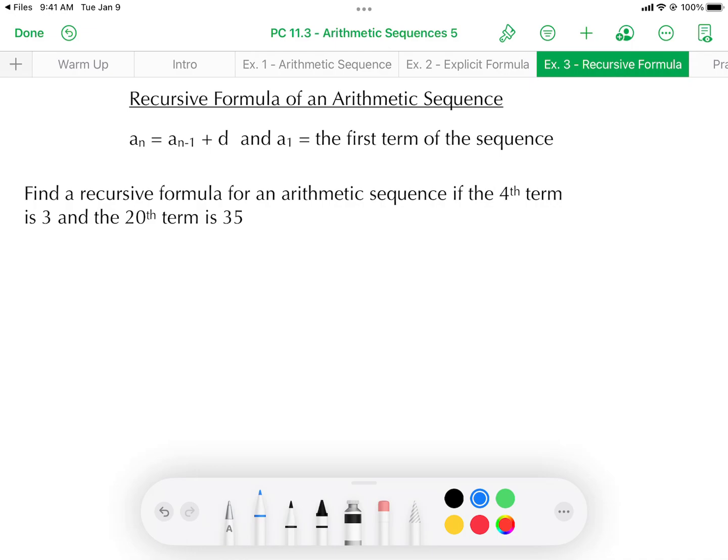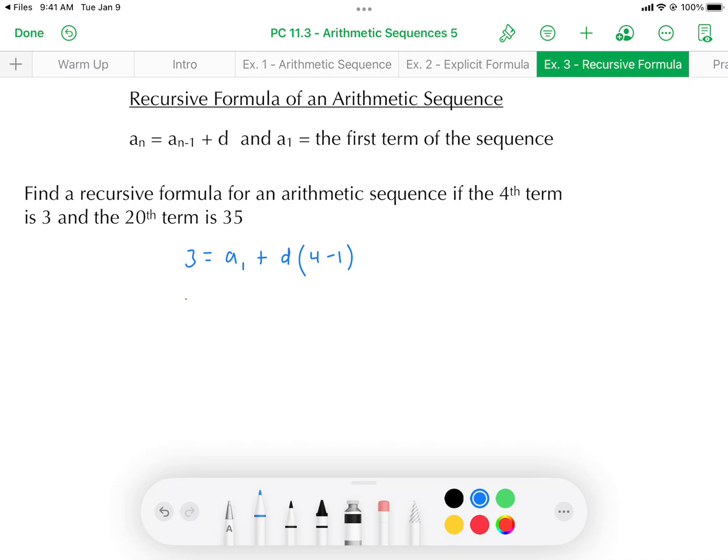All right, we want a recursive formula for the arithmetic sequence whose fourth term is 3 and whose 20th term is 35. They don't directly give me a sub 1 or d here. I have to use what is given to reason those out. So saying the fourth term is 3, that means I can say 3 equals the initial term plus the common difference multiplied by 4 minus 1.